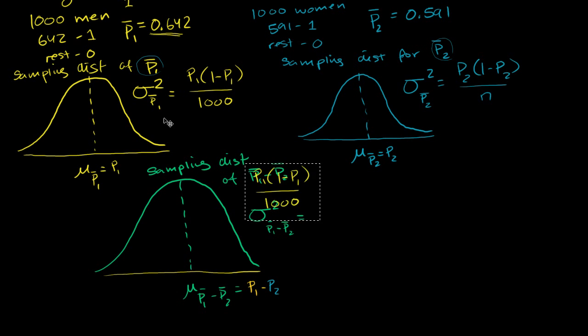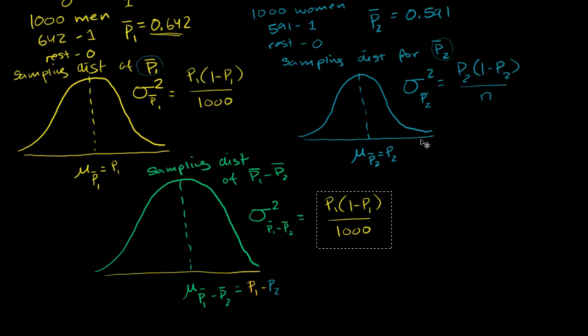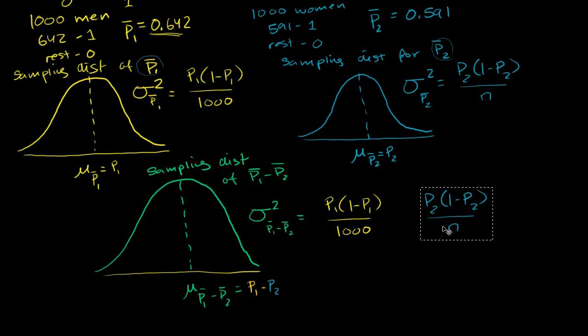It's going to be that thing over there, plus this variance over here. There's no radical sign because we're not taking the standard deviation. We're focused on the variance right now. So plus this thing right over here.